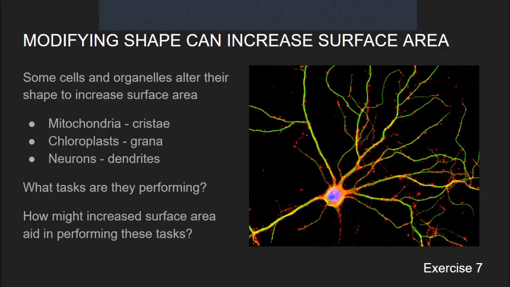So this is really important in neurons and in these organelles that you need to be familiar with. So mitochondria have these cristae because they are making the energy your cell needs. So you can't run out of that energy or your cells are going to die. So that's really critical.